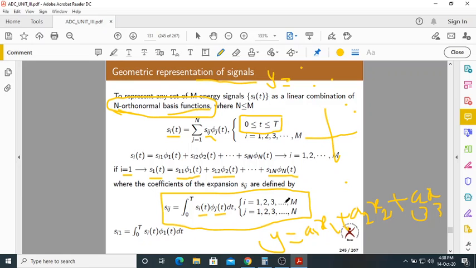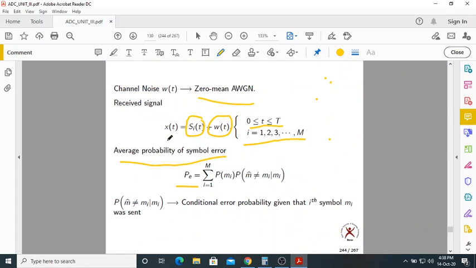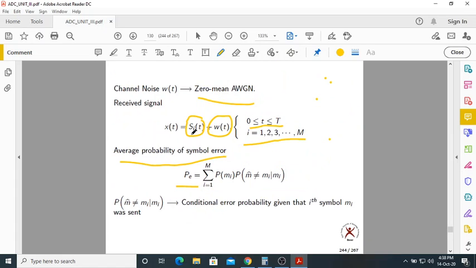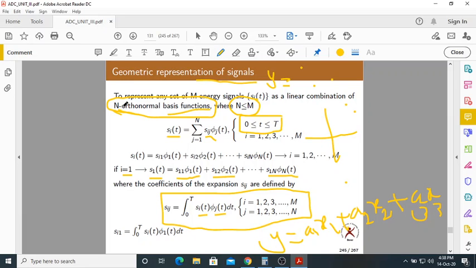So i varies from 1 to M, j varies from 1 to N, but M will always be greater than or equal to N. What is M? The number of energy signals that are being produced by the transmitter. What is capital N? The number of basis functions that we are using to represent those M number of energy signals as a linear combination.